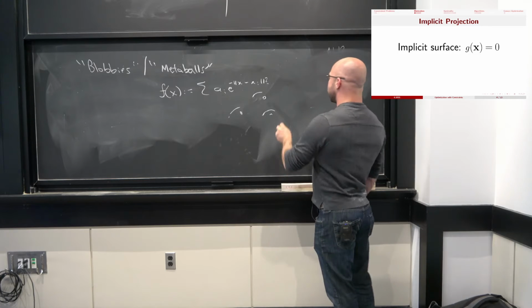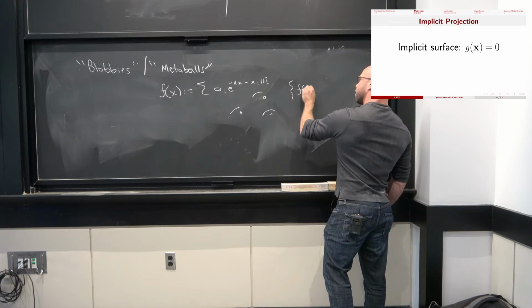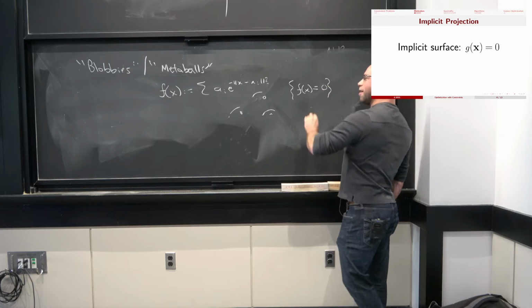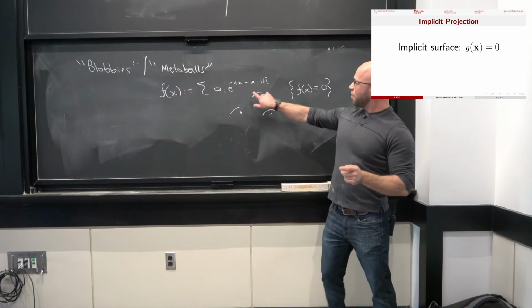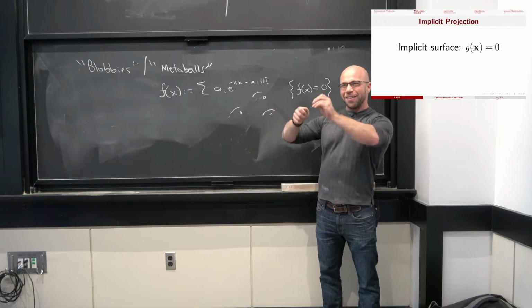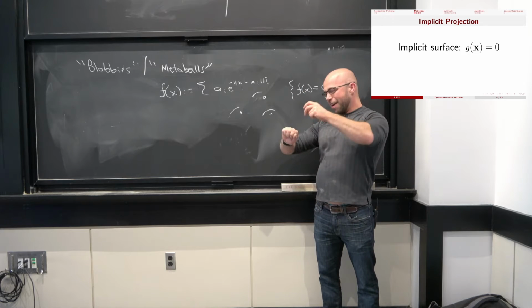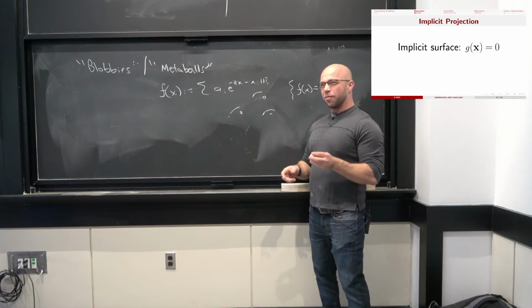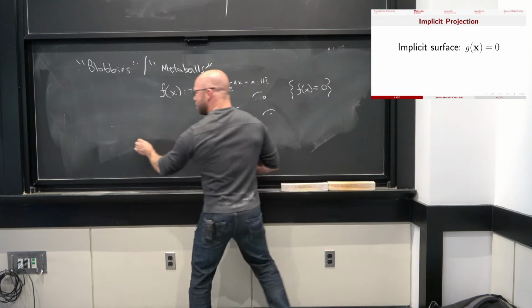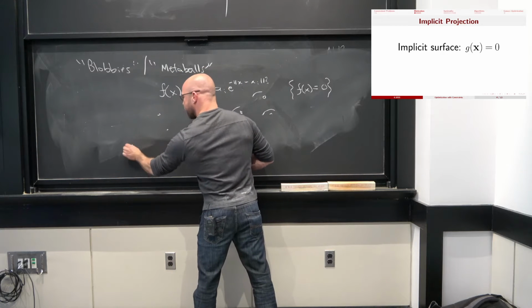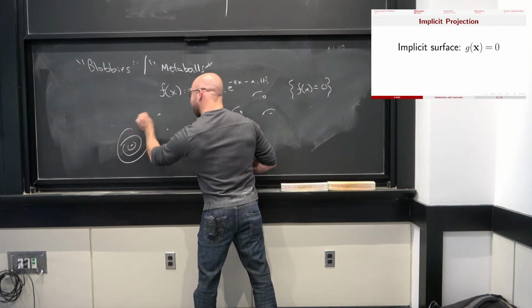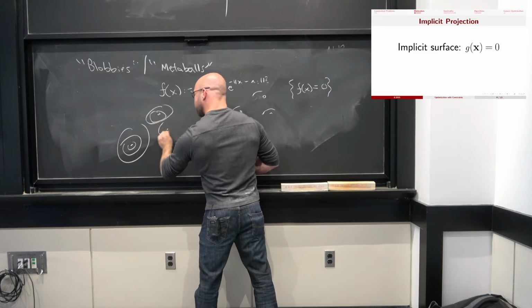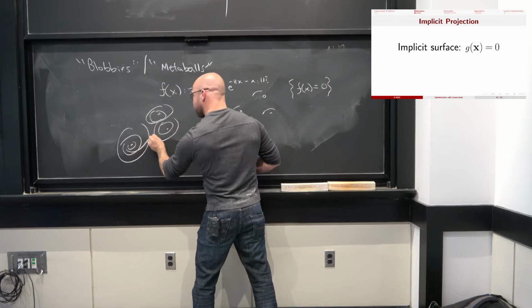And then you just look at the set of points where f of x is equal to 0, and you call this a surface modeling tool. So you move around the x_i's and maybe the weights in front of these things. And if you think about it, it's kind of like combining spheres together into these weird blobby shapes. So for instance, maybe I have 3 points, and I have these Gaussians that drop off like that, and I add them all together, so I end up modeling some surface that looks kind of like this.